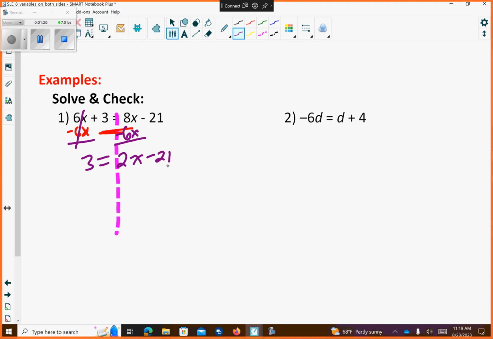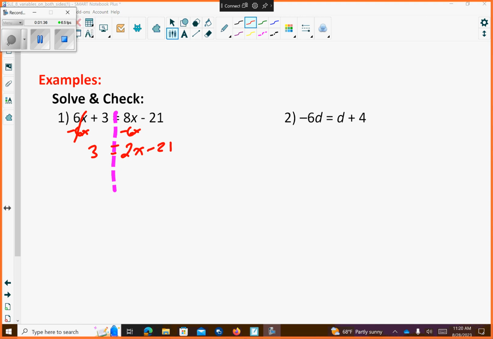And then we're going to go ahead and add 21 to both sides because I want x all by itself. Okay, so now I want to just solve it like normal. I've already moved something over, so I'm going to add 21 to both sides here.